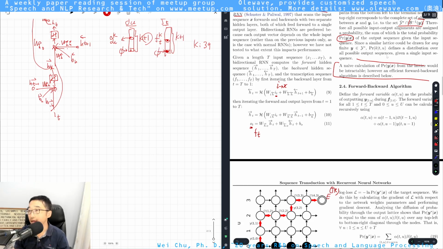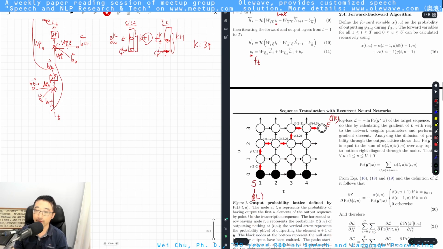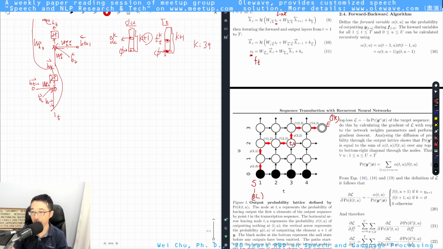Okay, then to resolve this, first he wants to resolve this question: how do we compute this probability? So, for instance, let's call this T, okay? This is the T, U. How do you compute the probability or the posterior probability at time T and U?